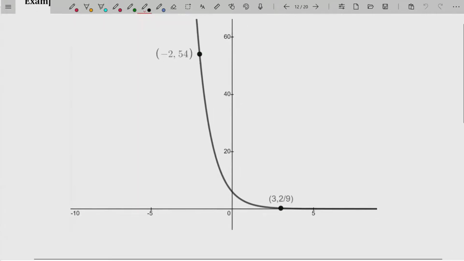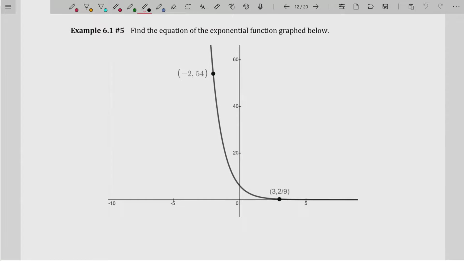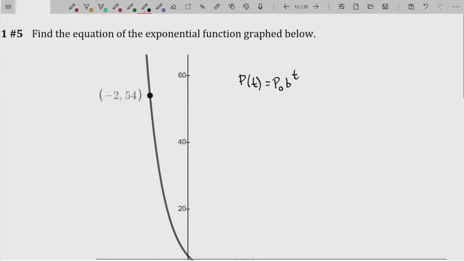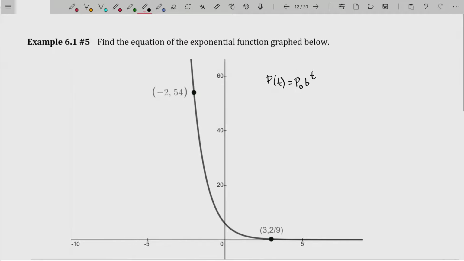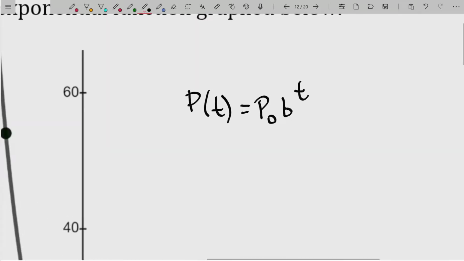So how, given this information, would you ever find the equation of the exponential function? Well, one thing I can state easily is that an exponential function usually has this form. I don't have to worry about the t over business. I just want to have it in its basic form, just like this. I also know that I've been given easily 2 points on that curve, both of which should satisfy this exponential function.